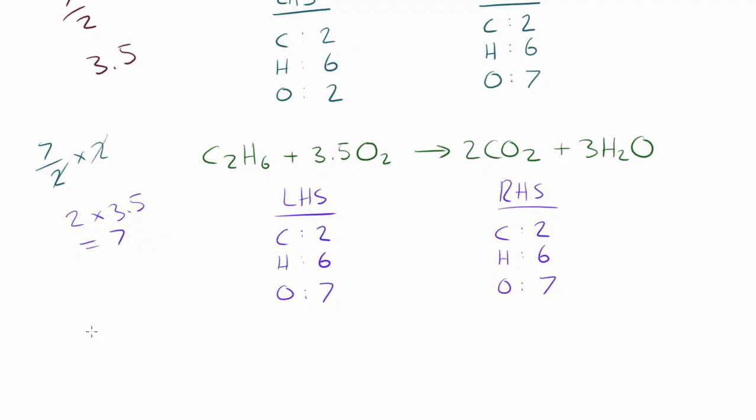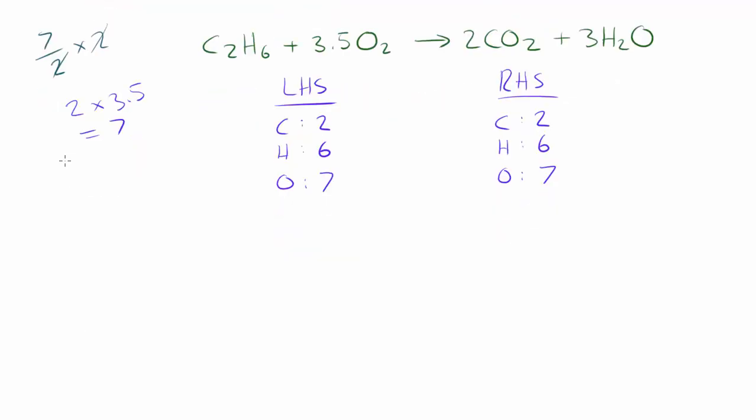So we can apply the same principle here, but because it's an equation, if you want to keep it balanced, whatever we do on the left hand side, we need to do on the right hand side as well. And so what I'm effectively going to do is multiply every single species by 2, right? And what is that going to give us in this instance?